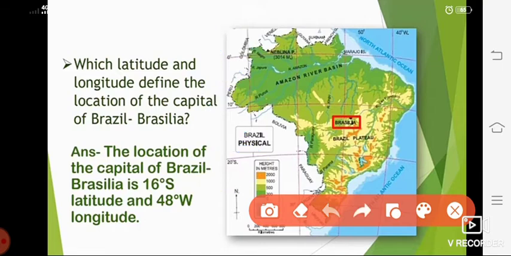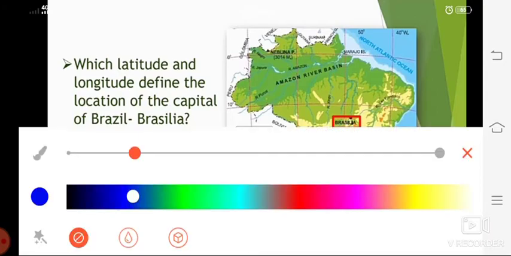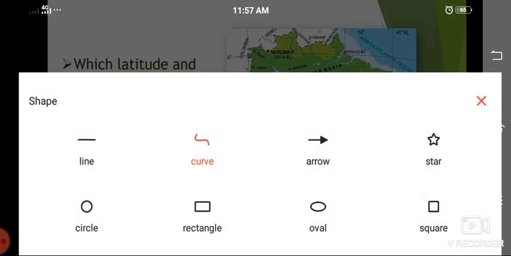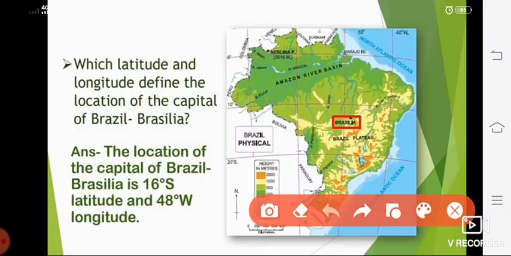Okay, so first the latitudinal extent. It is below 10 degree, and in between 20 degrees south. Yes, the latitudinal extent is between 10 degrees south and 20 degrees south.